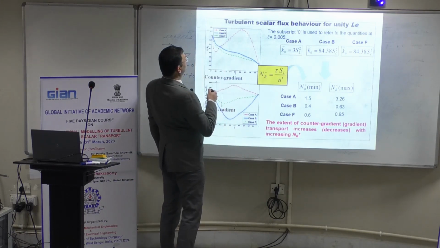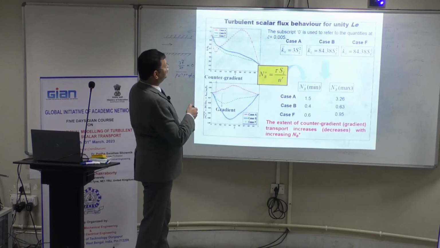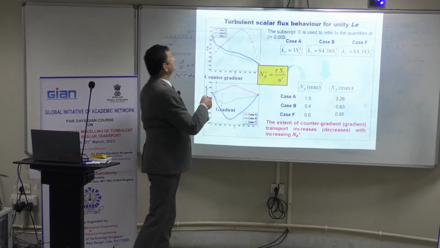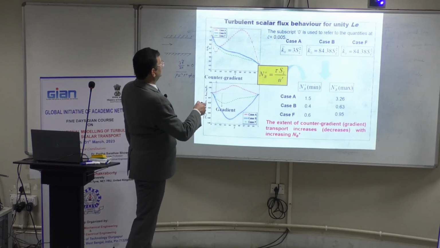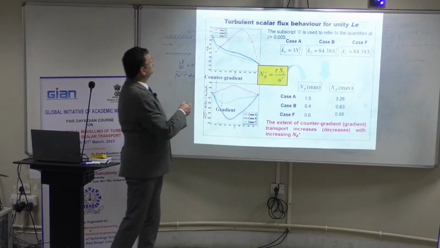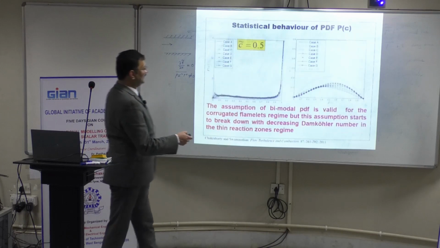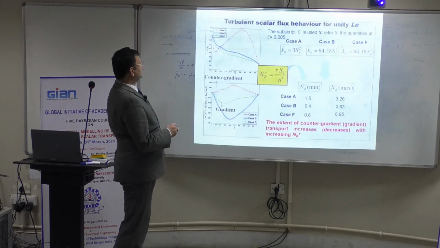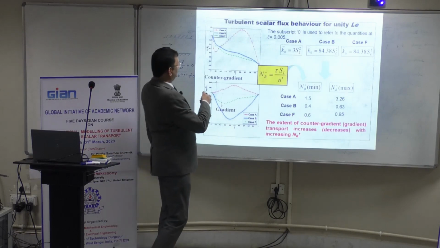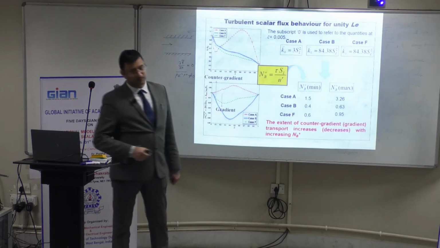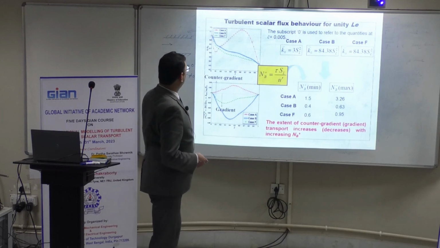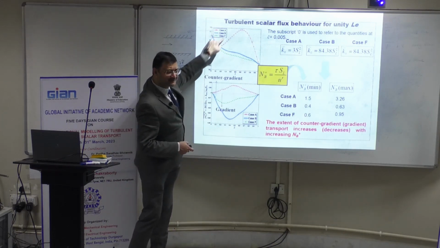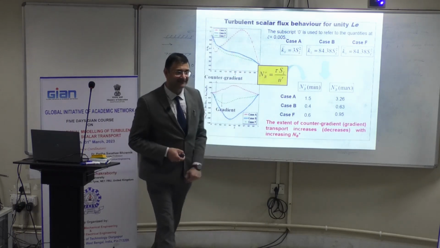This one is the high Damköhler number flame. This is the case where the heat release rate was small, and this is essentially case F. Case F is our unity Lewis number flame for heat release rate 4.5. All of them unity Lewis number. What really happens, you can see, is drastically different.